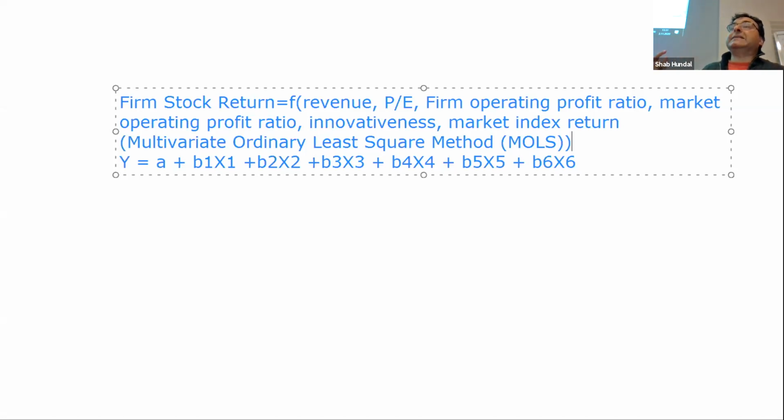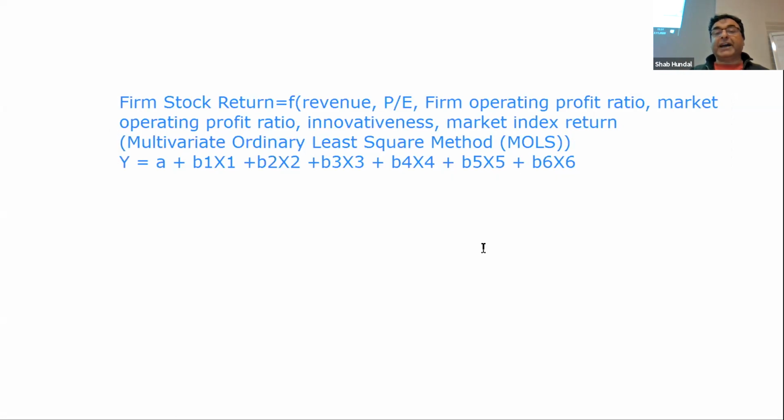The synonyms of dependent variable are explained variable or predicted variable. The synonyms of independent variables are explanatory variables or predicting variables. So just in case you come across these extra words, don't get confused. They are the same, basically. All right, so this is what we have so far.